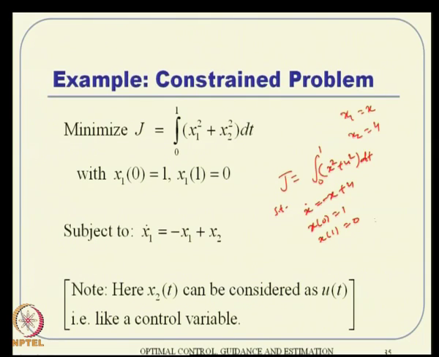That means, in time, if you talk about x, you are talking about x of 0 equal to 1, and at t equal to 1 somewhere here, it has to be 0. I do not know how it will develop the entire trajectory. It may not be a straight line. It can develop whatever way it wants.